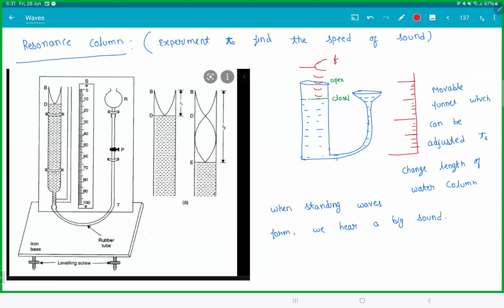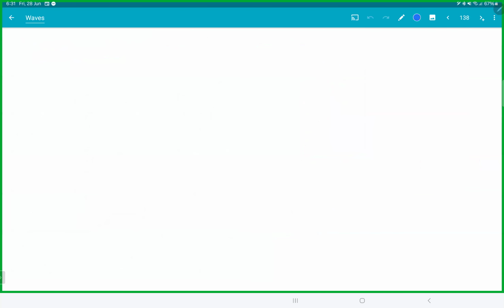First, you fill up the tube completely. Initially, the resonance column is fully filled, and you start slowly decreasing the water level. When you keep doing this, the first time you'll get that boom sound.